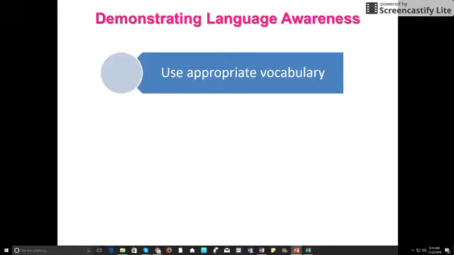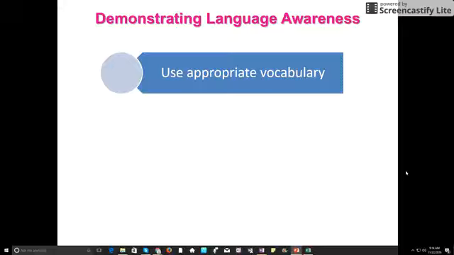Of course, if we do use one of these terms, don't be afraid to explain it to the students or have the students explain it if you think perhaps some understand and some don't. For example, if you do say something like, oh, I use the idiom, it's raining cats and dogs. Can anyone tell me what that means? Then you're able to introduce that to the entire class.